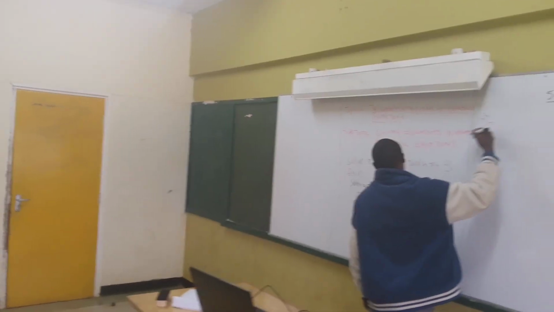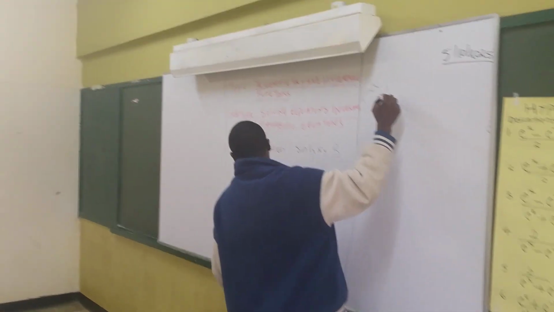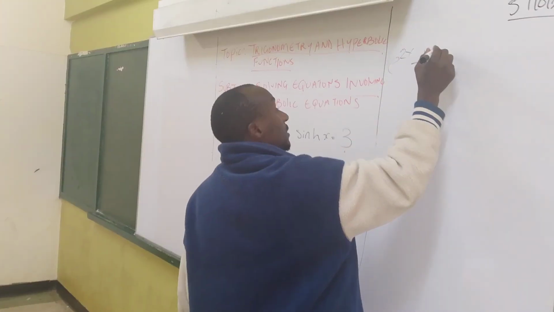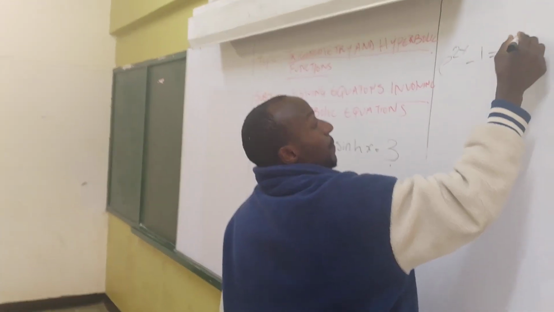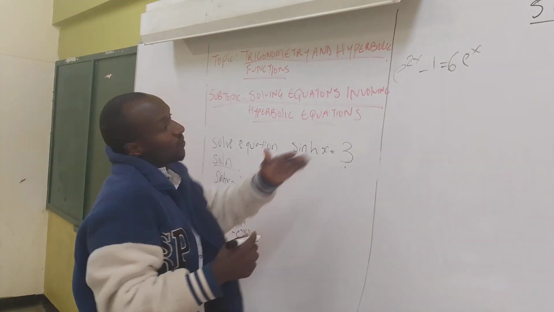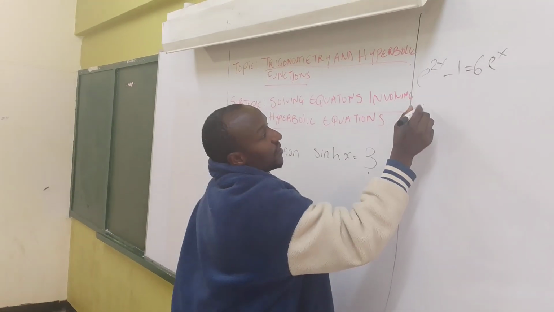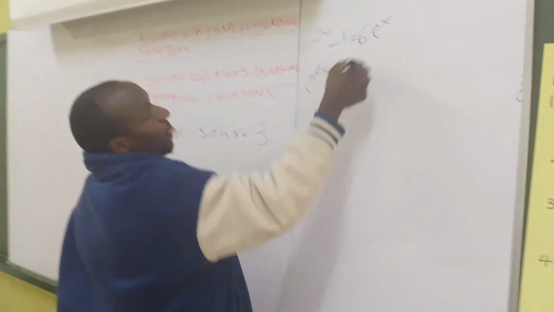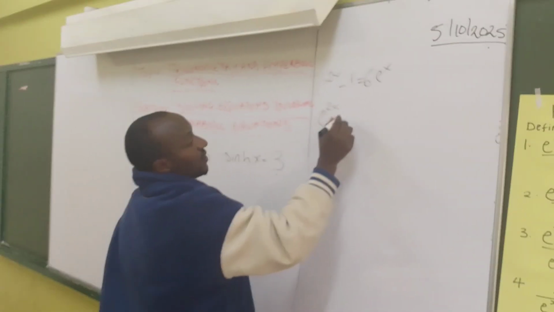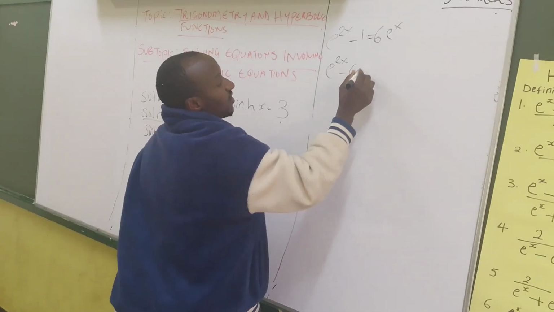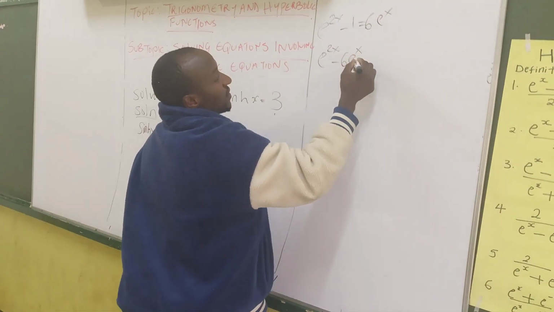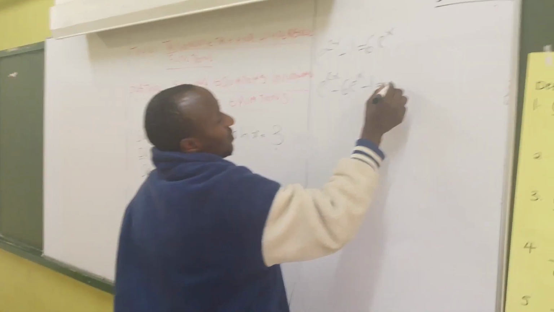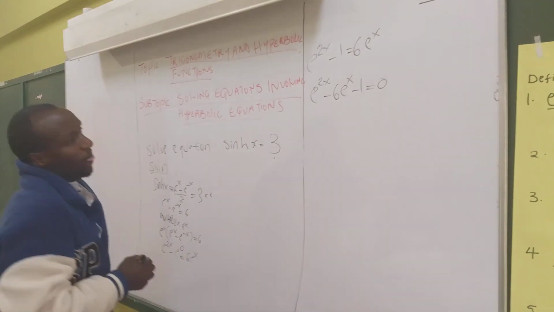So e raised to 2x minus 1 is equal to 6 exponential x. So you arrange: e raised to 2x minus 6 e raised to x minus 1 is equal to 0.